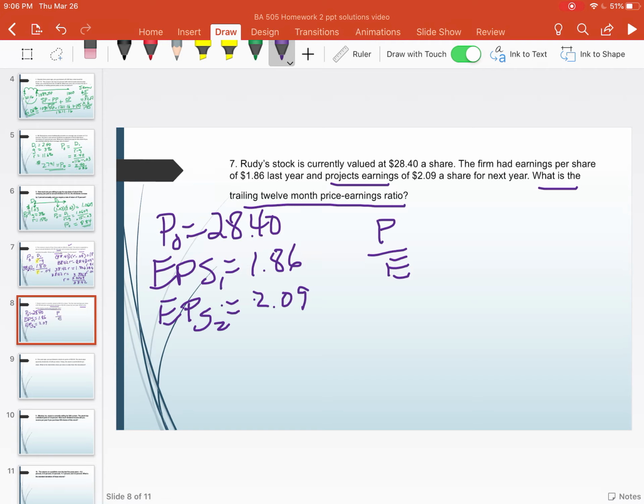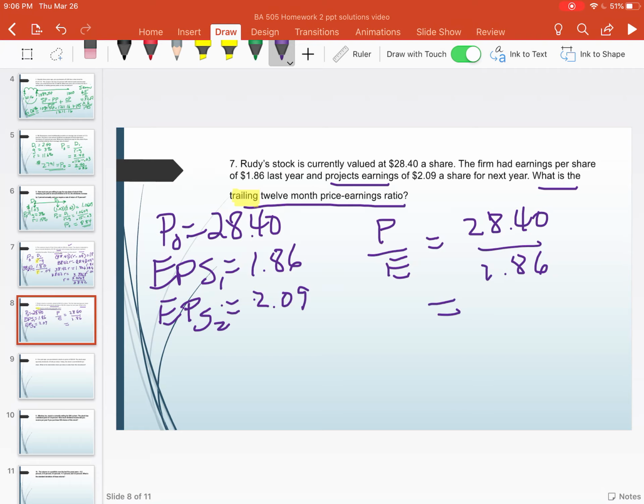Price to earnings is nothing more than the share price, $28.40, divided by our earnings, $1.86. What is the trailing? Again, we have trailing PE.